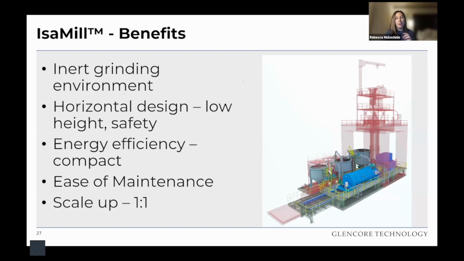One thing we do often hear, though, when we are talking to people about a horizontal stirred mill, initially is that concern around the footprint that might be required compared to a vertical stirred mill, its counterpart. On the slide here, what you see is the isomill overlaid by the space requirements for a vertical fine grinding mill.